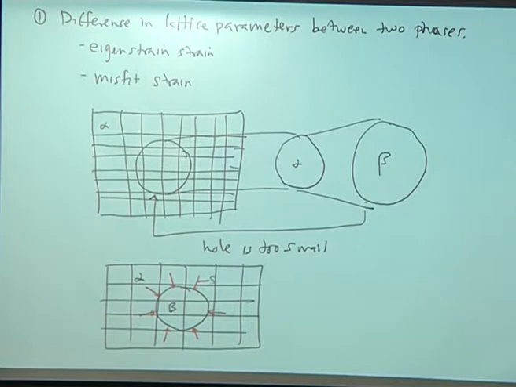This is a stress. And the idea of the stress is to make the beta phase lattice parameter match alpha. And it not only matches alpha, but everything is coherent.